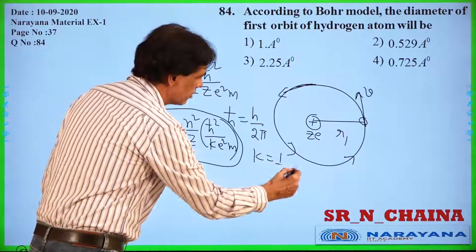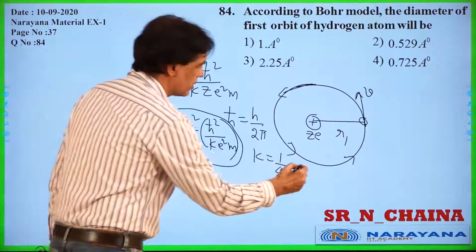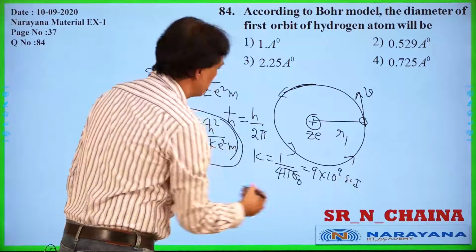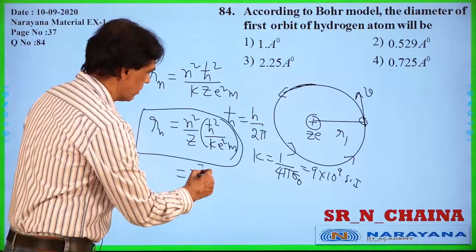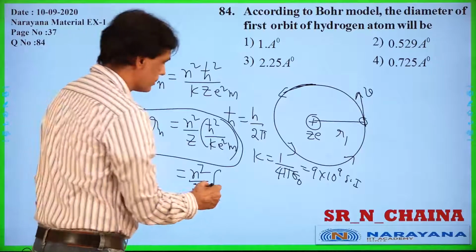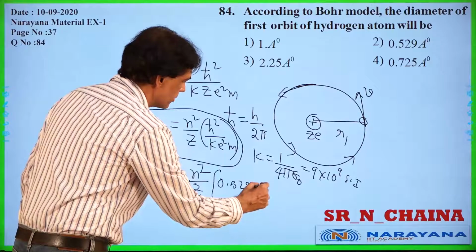Here k is 1 by 4 pi epsilon naught. Its value is 9 into 10 to the power of 9 SI units. Similarly, if you substitute all these values, we will get n square by z into 0.529 angstrom units.